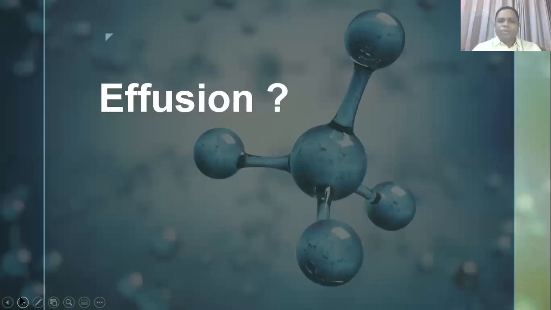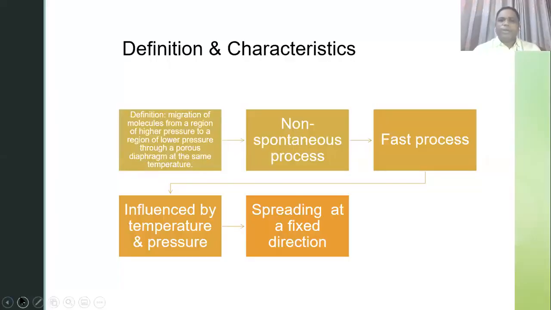Now we want to learn about effusion. Effusion by definition is a process where molecules move from a region of higher pressure to a region of lower pressure. Unlike diffusion, this is not a spontaneous process.